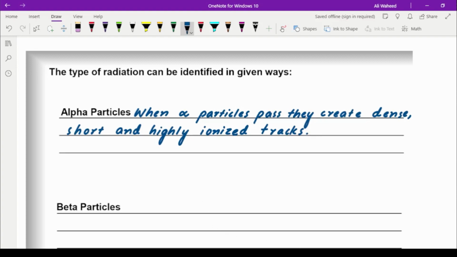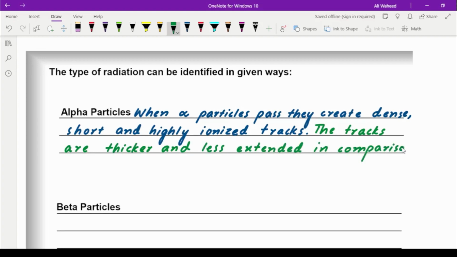Alright. So alpha particles, when they pass through the cloud chamber, create a dense, short, and highly ionized track. Because they have more mass, that's why they create a dense track.